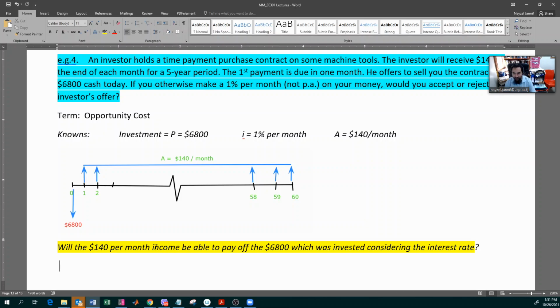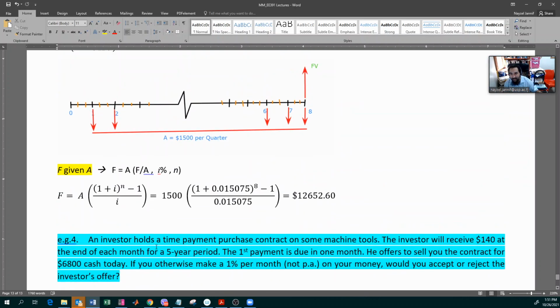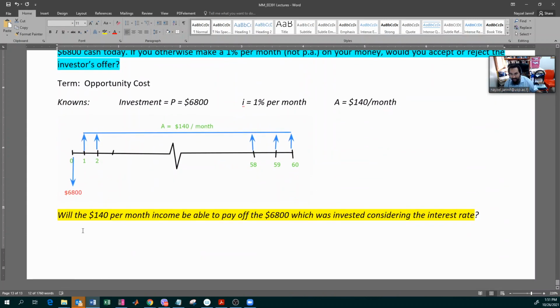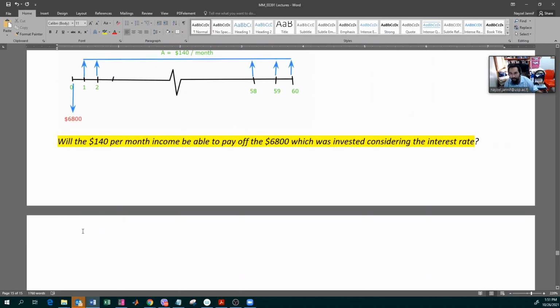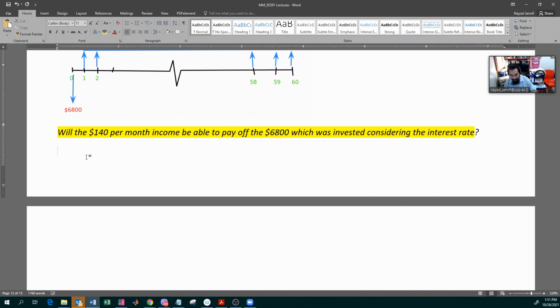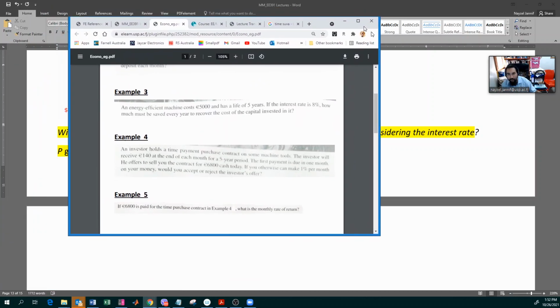Well, we have to use P given A. Okay, we have to use P given A. All right, we have to work backwards, P given A, and see if that will match it up. So where is the P given A formula? All right, let's show you the P given A formula.